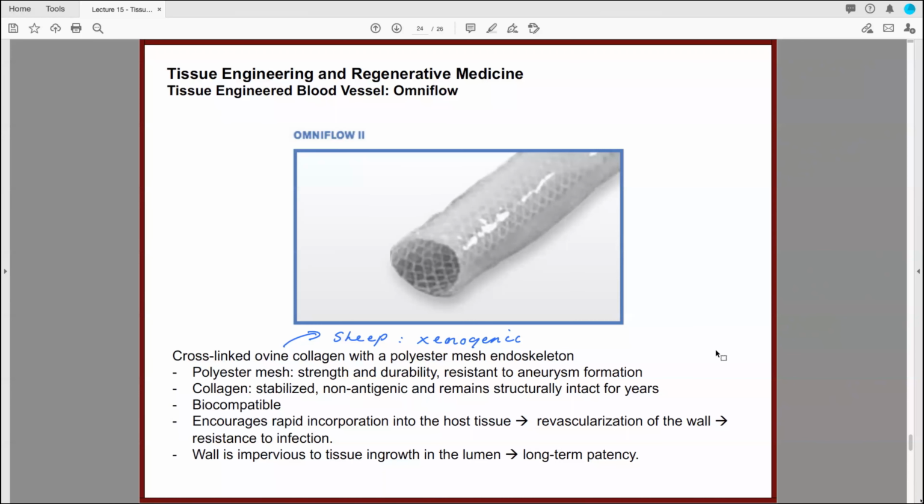The collagen coating on it stabilizes this, it's non-antigenic, and it remains structurally intact for years. These things are highly biocompatible, and they encourage rapid incorporation into the host tissue, revascularization of the wall, which we want, and they have resistance to infection as well. And then the wall is also impervious to tissue ingrowth and lumen, so there's long-term patency in those things too.